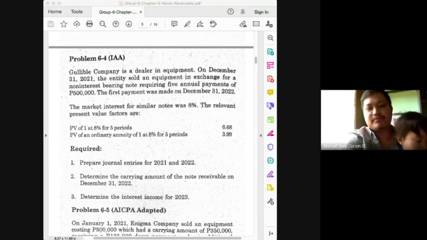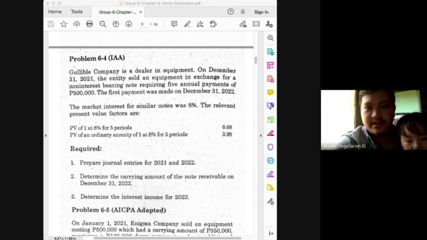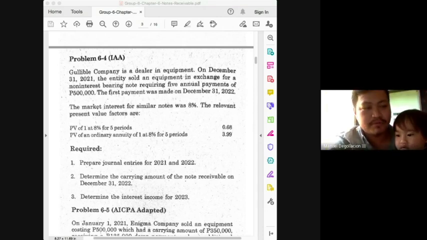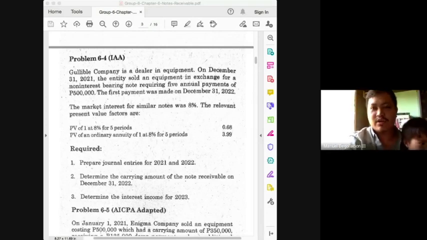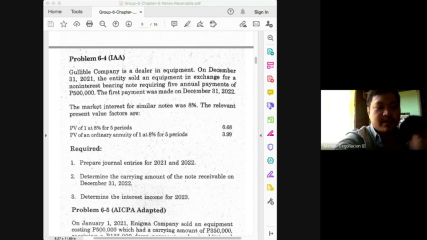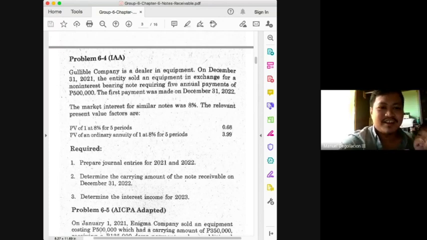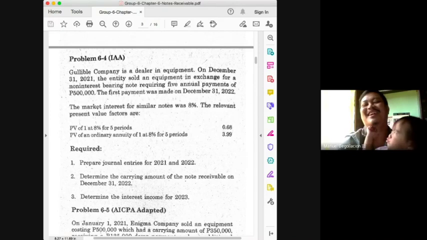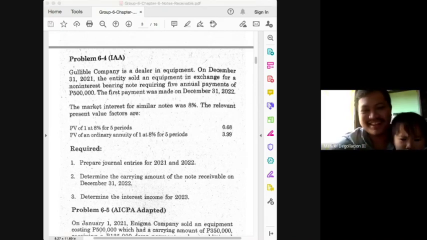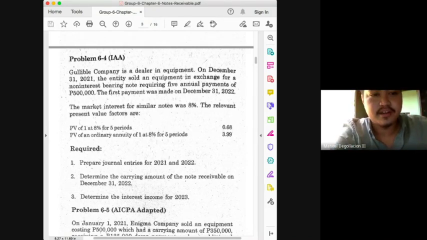So let's continue, class. Again, the balance of your gross receivable would be 1,500,000, and all you have to do is to deduct the remaining unearned interest income. Okay, so let's continue with the third year already.